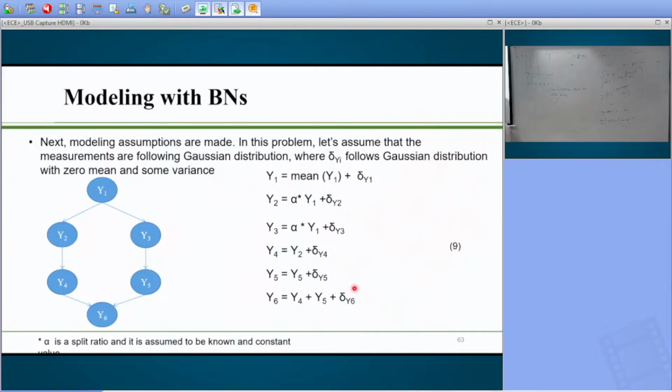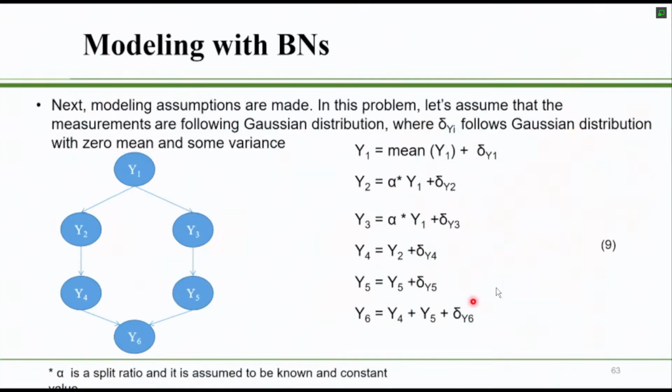So I'm considering again a simple linear model between these variables. y6 equals some coefficient into y5 plus coefficient into y4 plus some uncertainty, because they are uncertain random variables. Again, y5 is connected to y3 with a certain random variable, because each is a random variable, right?